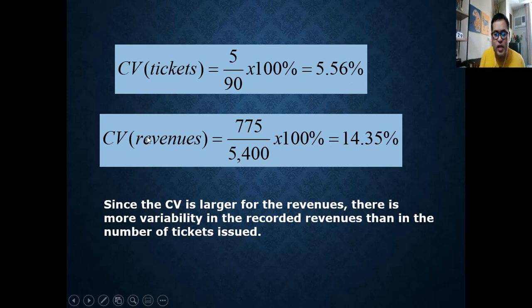And the coefficient of variation for the revenues: the standard deviation is 775 and we have 5,400 as the mean, times 100, so we have 14.35%. Since the coefficient of variation is larger for the revenues, there is more variability in the recorded revenues than in the number of tickets issued. So that is how easy we find the coefficient of variation.